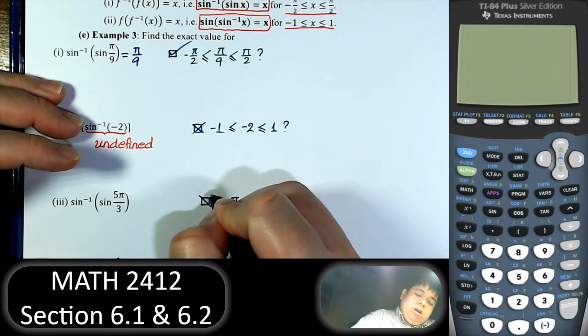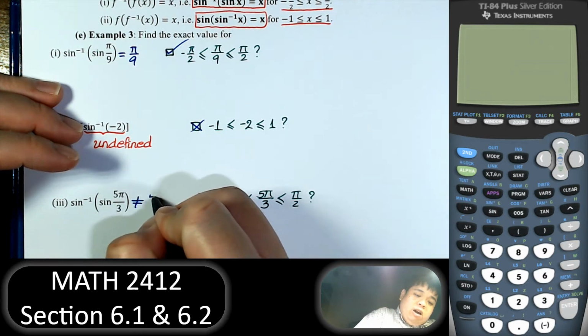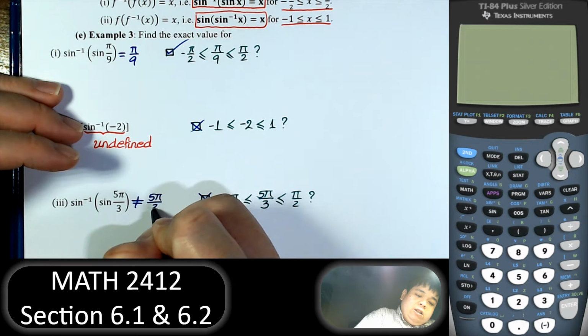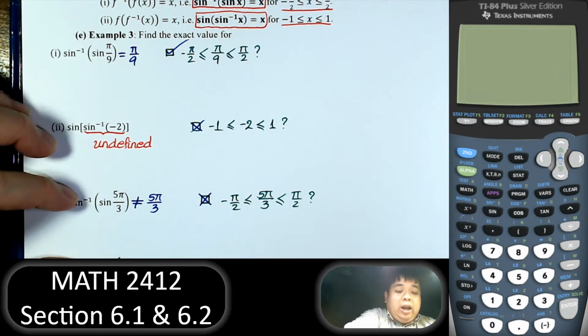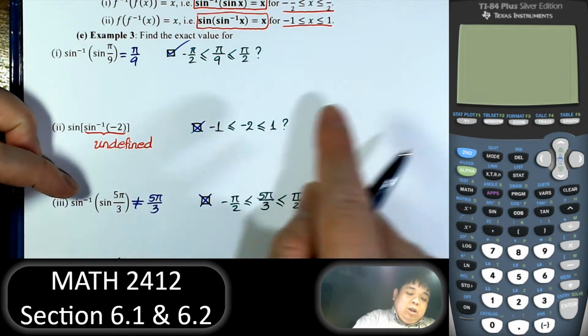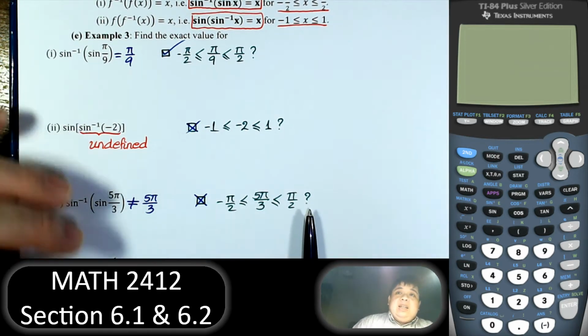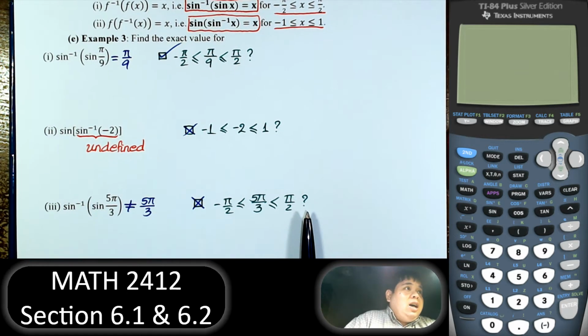So if it is not, then we know that the answer is not going to be 5 pi/3. If it is in this domain, then it will cancel out, but it's not. So let's see if we can answer this. Let's do sine inverse of sine of 5 pi over 3.